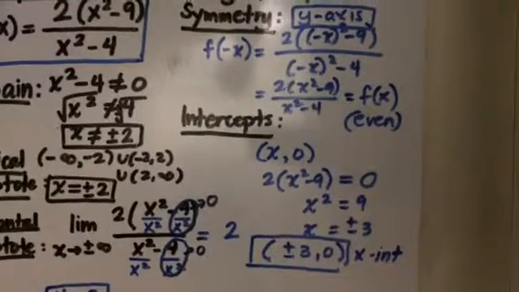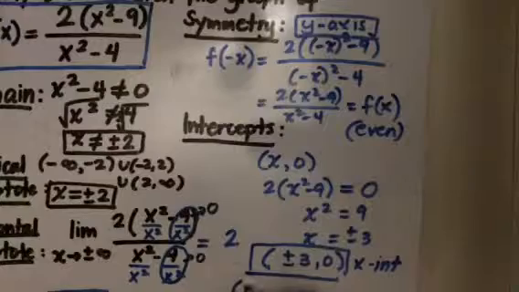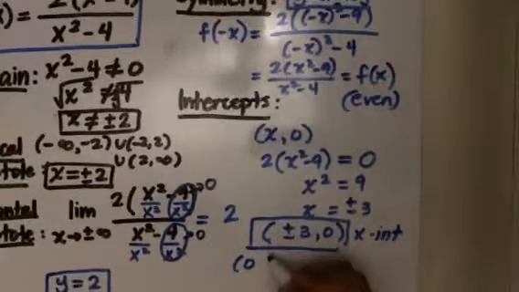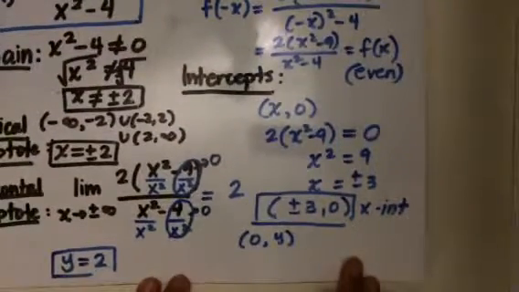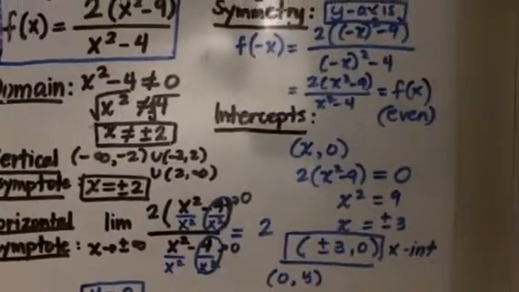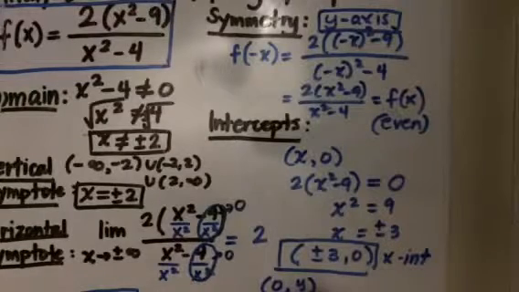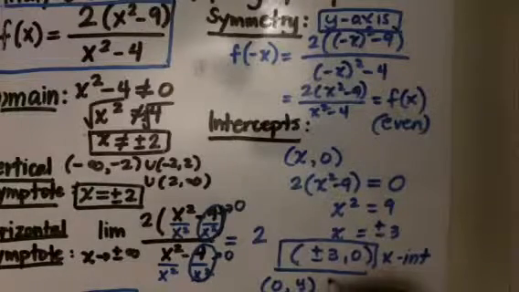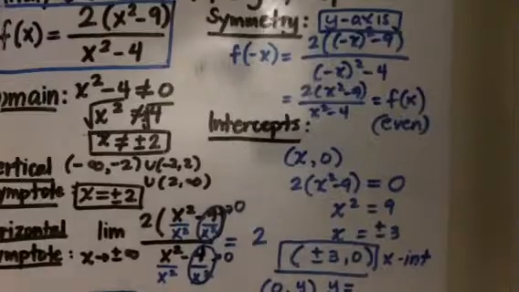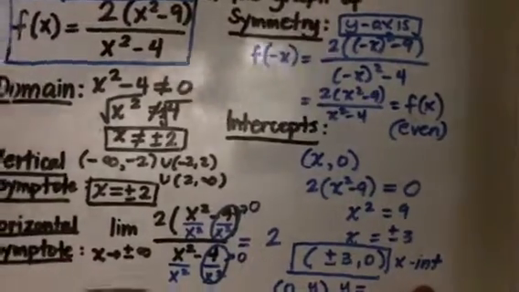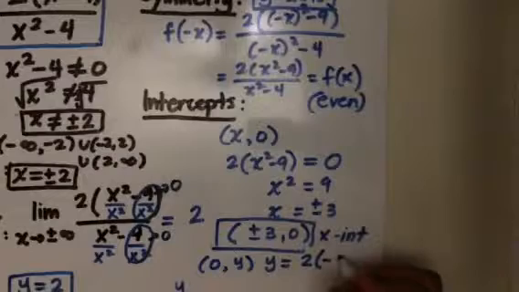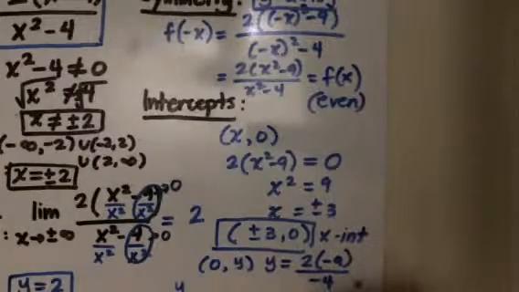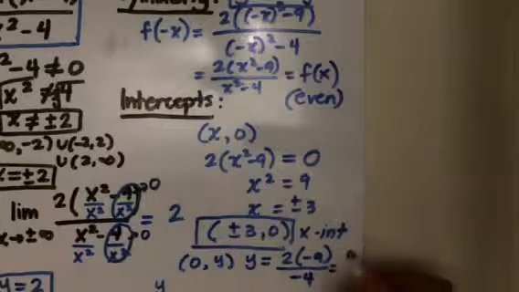Next, we'll find the y-intercept. To do that, we replace all the x's with 0 and find y. So replacing all x's with 0, we are going to have 2 times negative 9 over negative 4, which will be 9/2.